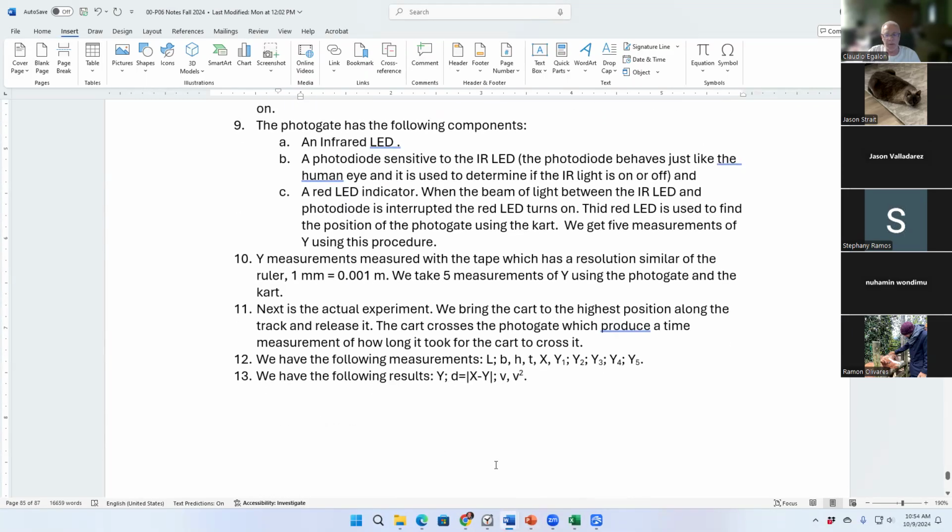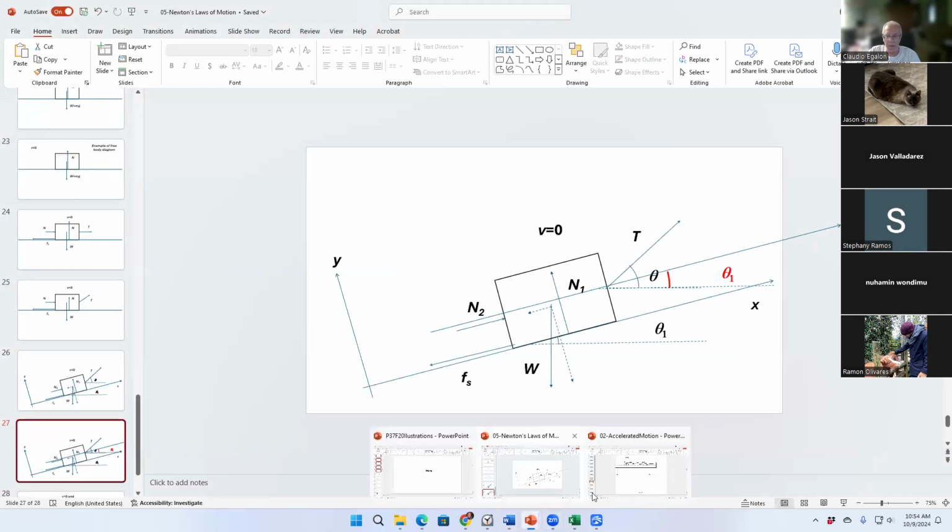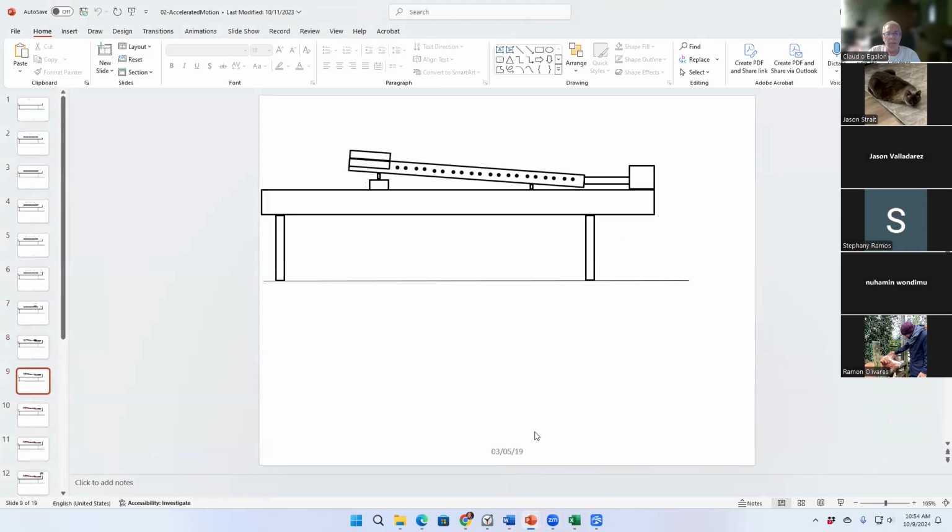Okay, next. Let's take a look here. Not this one, this one. I'm going to put my cart here, right? My cart is going downhill. Here's my x-axis. And here's my photo gate timer.